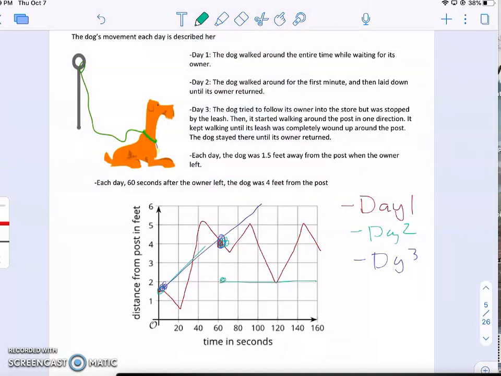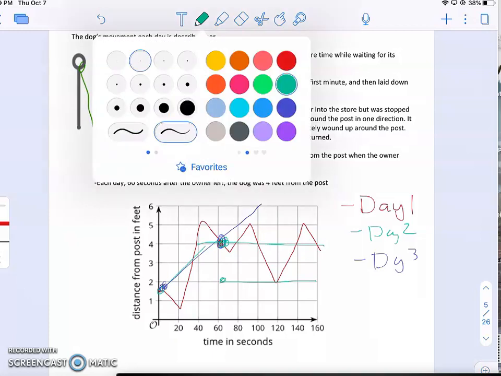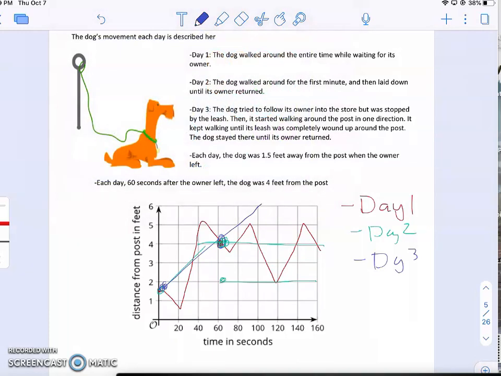So we know it has to rest up there. Then it started walking around the post in one direction. It kept walking until its leash was completely wound around the post. So if it's going back to the post, it's got to come down and be 0 distance from the post.